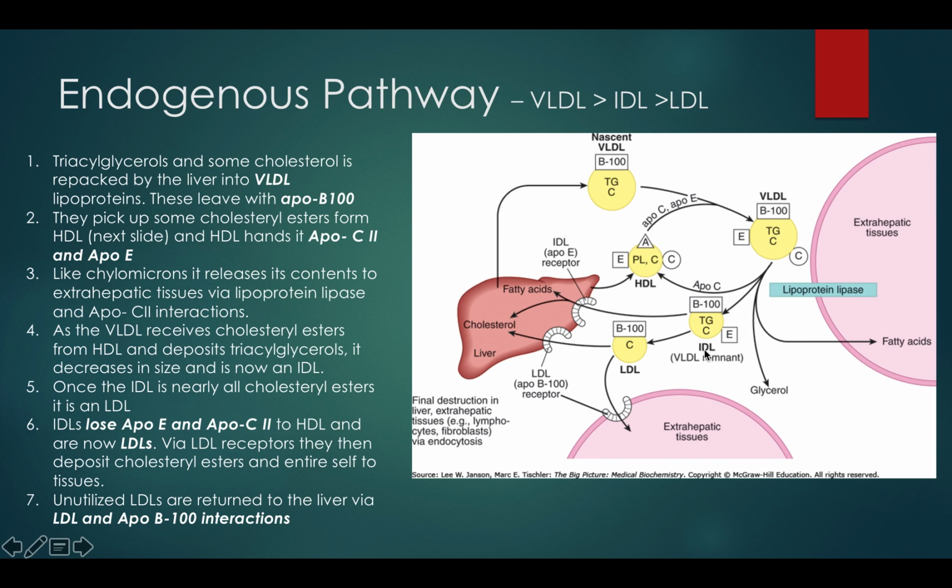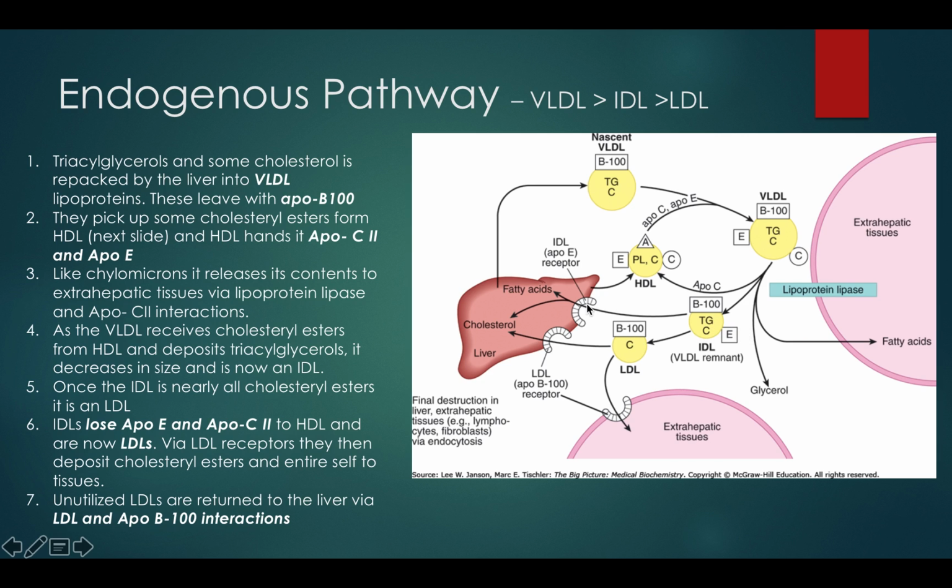So as it loses these triglycerides, it has a lower triglyceride content, a higher cholesterol content. And as we'll talk about on the next slide, this cholesterol content isn't just a ratio higher, it's actually being added by the HDL, scavenger HDLs, to these. So it's actually going up in cholesterol and down in triglycerides, until it's almost exclusively cholesterol.